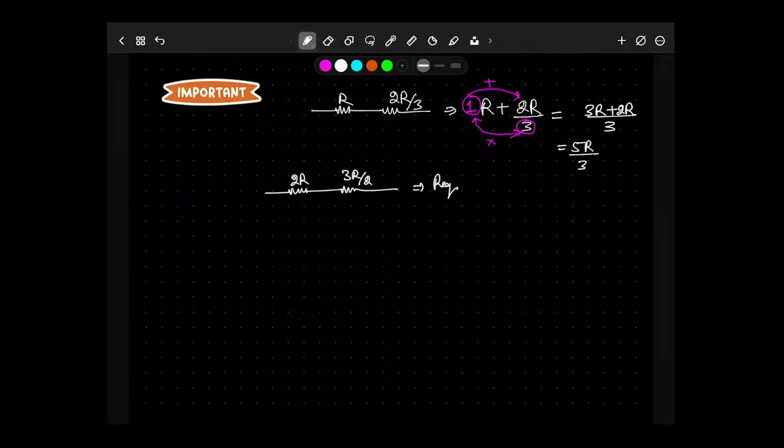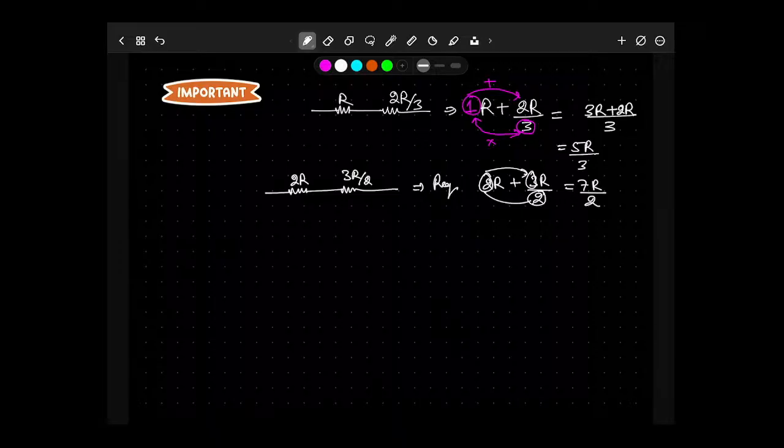Like I have already explained, 2R plus 3R by 2, you just multiply these two and add this. 2 into 2 is 4 plus 3 is 7. So it is 7R by 2. By this method the problems become very easy, right?